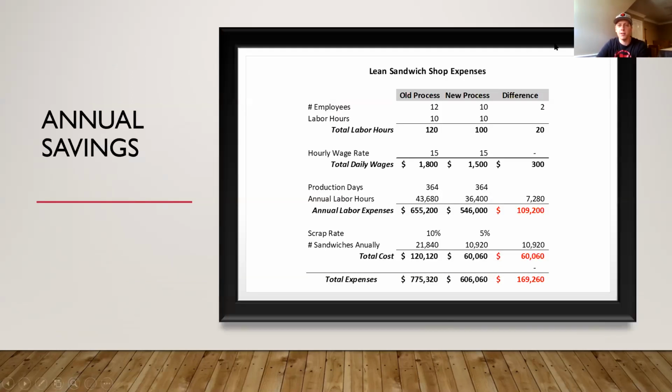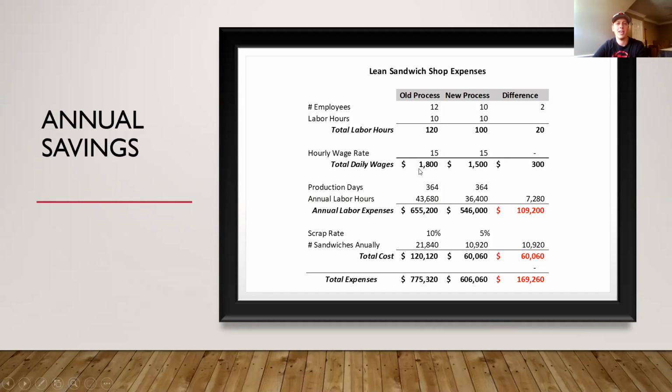Okay, let's talk money. Probably the most important part. So I'd like to compare the old process to the new process in terms of labor and scrap rate to be able to effectively determine the amount of savings that we'll see from this new process. So again, the old process, we had a total of 12 employees at an hourly wage rate of 15.